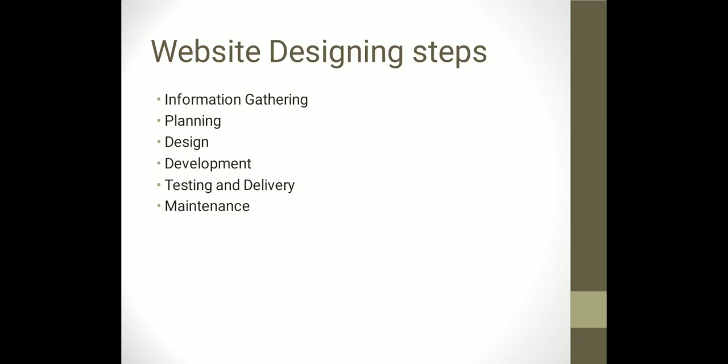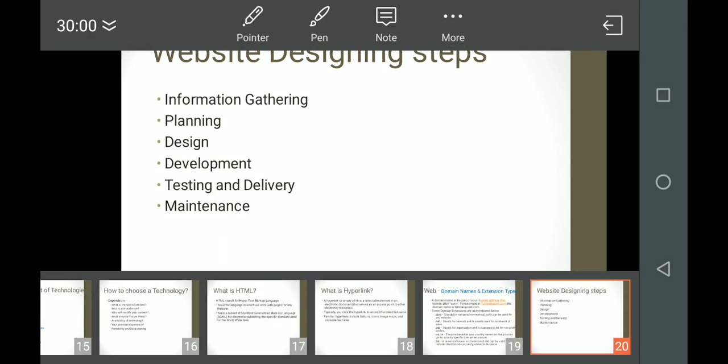Then website designing steps. When you start to create your own website or plan any website, you have to undergo a few things that must compulsorily be added to the website. The first step is information gathering, then planning, design, development, testing and delivery, and maintenance.